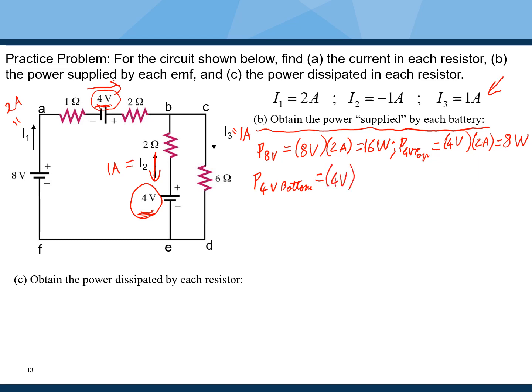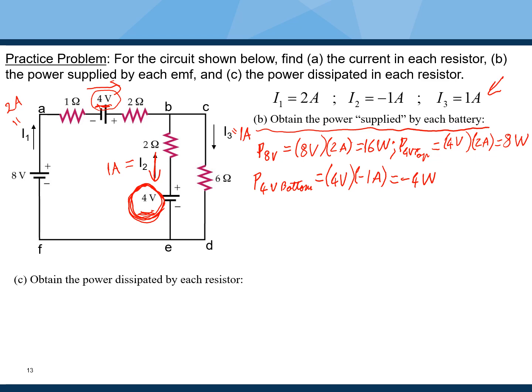But in this case, the current is going from its positive plate to the negative plate, so it has to be considered negatively. So we obtain minus 1 ampere. And that tells us that we have minus 4 watts of power from the 4-volt battery at the bottom. Namely, this one that I'm making dark is not doing its job of supplying any power. This is actually hogging or draining off power from the other two batteries.